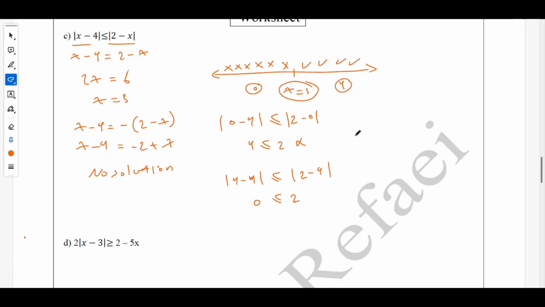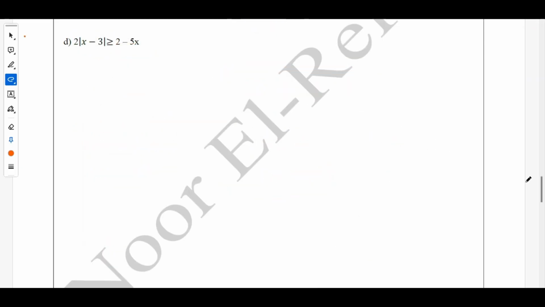Those are the values of x which give me a correct inequality: when x is more than or equal to 3. I'm going to use the squaring method.